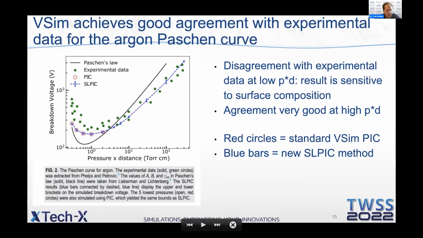We don't get quite as good agreement with the experimental data, but you can see there's quite a bit of variation in that as well, having to do with the metallic surface composition and such. But we feel pretty good about this, and it's a good demonstration of our new algorithm as well.